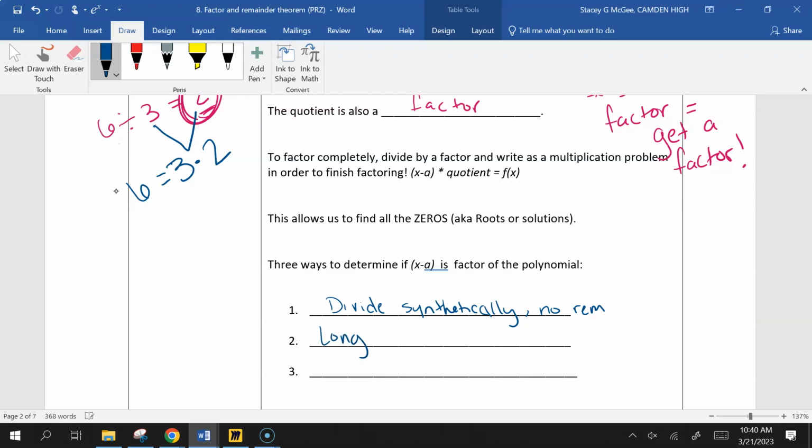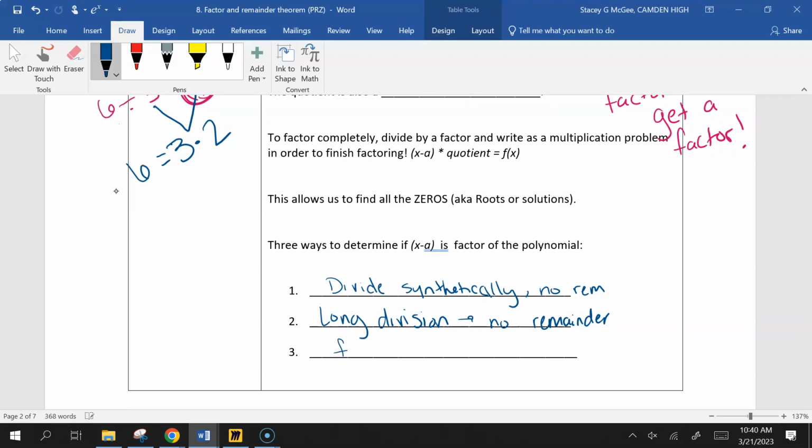I could do long division and get no remainder. What else could I do? How else could I tell that there's no remainder that we just learned about? If I plug that value into f and I get 0, that tells me there's no remainder. That's that remainder theorem. So any one of those 3 ways will work to tell us if I have an actual factor.